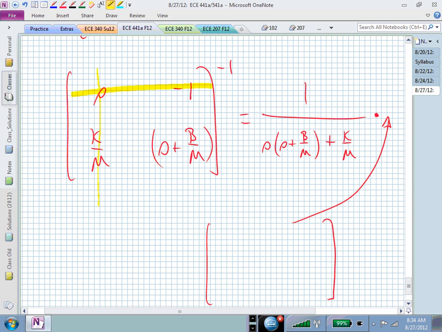So what's left over is just the S plus B over M. But in general, if this was a 3 by 3 and I wanted the 1, 1 cofactor, I would eliminate the top row, eliminate the first column, and take the determinant of what's left over, which would be a 2 by 2 matrix, and that would be the cofactor of that 1, 1 entry.